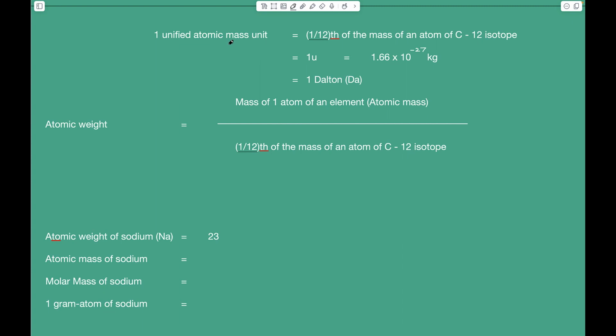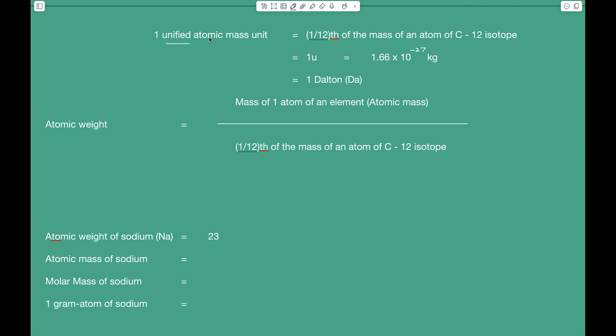The latest reference for measuring the masses of such particles is the unified atomic mass unit, and by definition, one unified atomic mass unit is 1/12 of the mass of an atom of C12 isotope.